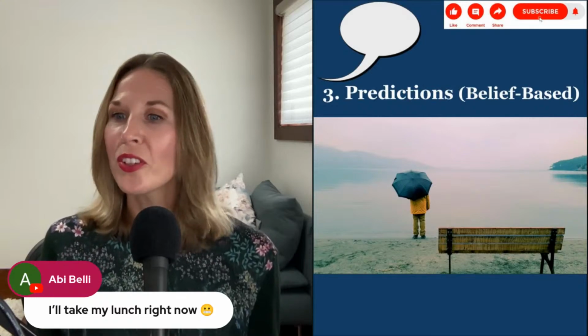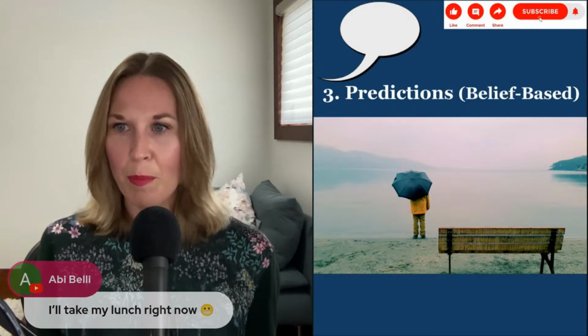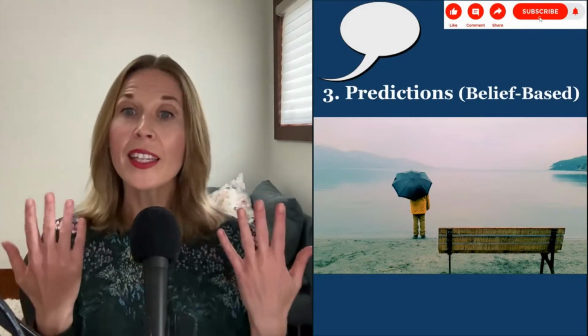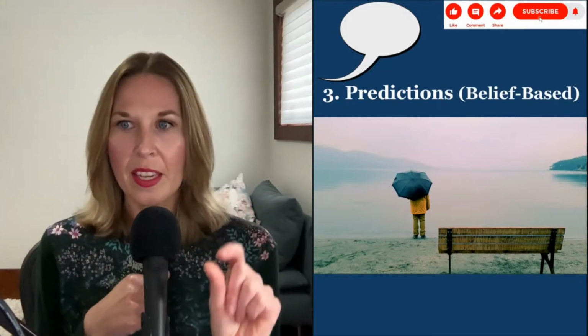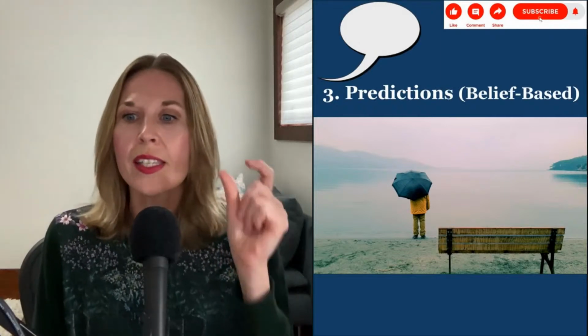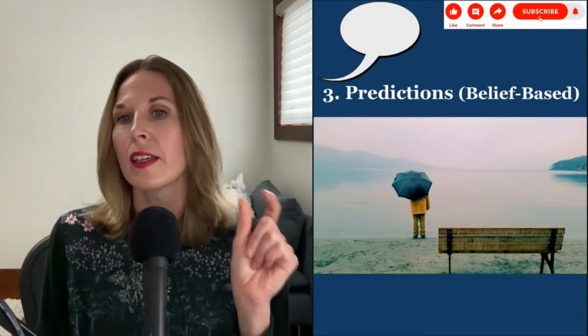Now, the other time we use the future simple is with predictions. But notice here in brackets, it says belief based. This means that the prediction is based on belief. All right. So this is commonly done with adding the words I think. It's not required to use the words I think.